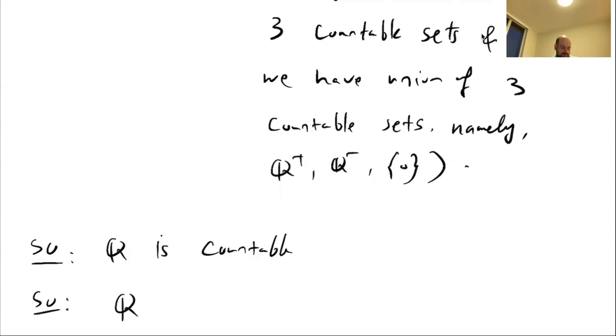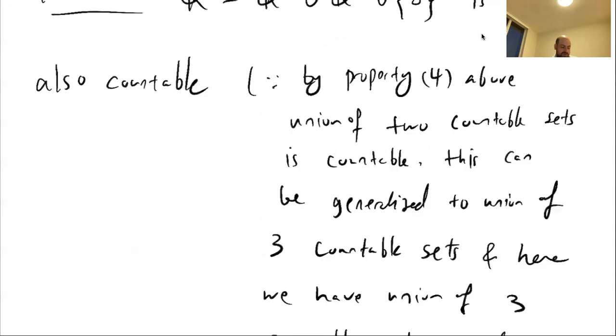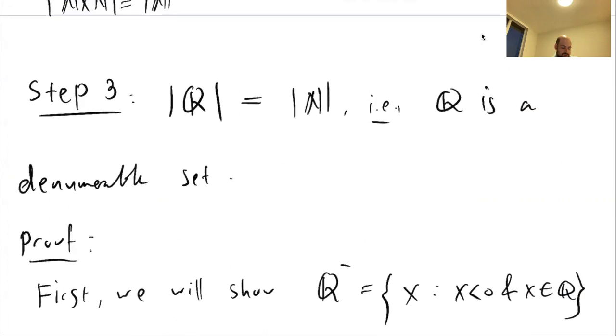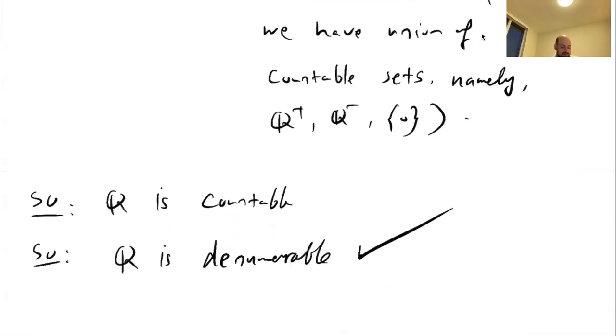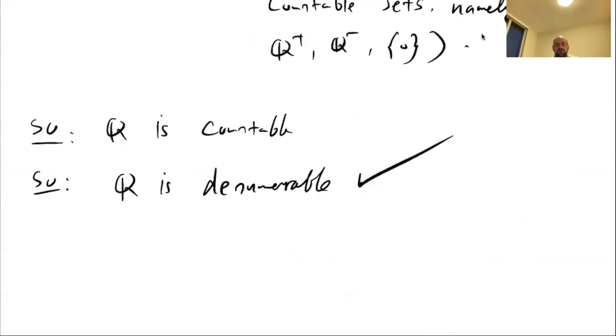So Q is denumerable, which is exactly what I wanted to show in this step. If Q is countable, it has to be denumerable. Why? Because countable means either finite or denumerable. Of course, Q is not finite, therefore it's denumerable.